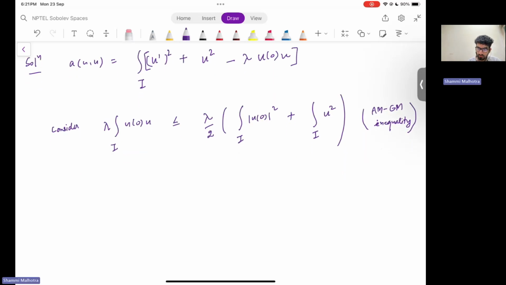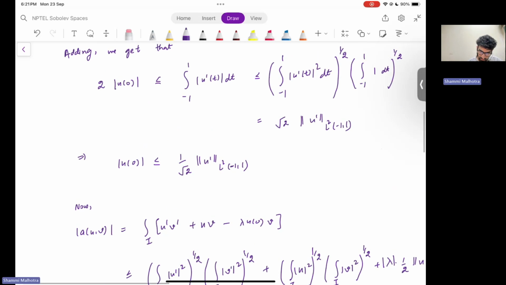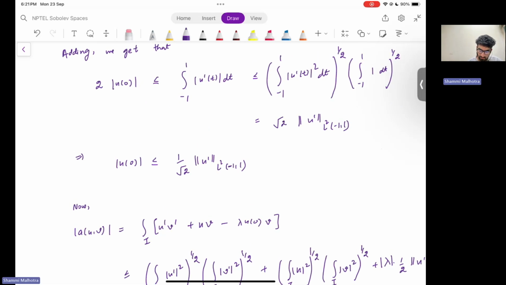Now we will use the L infinity bound which we have proved above. The mod u0, as you have seen, was bounded above by 1 by square root of this thing.